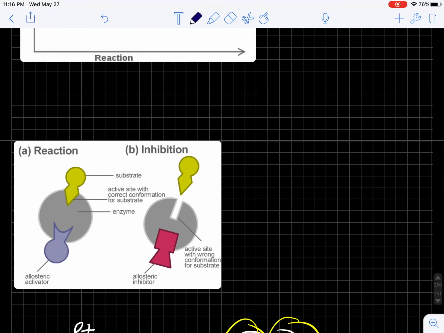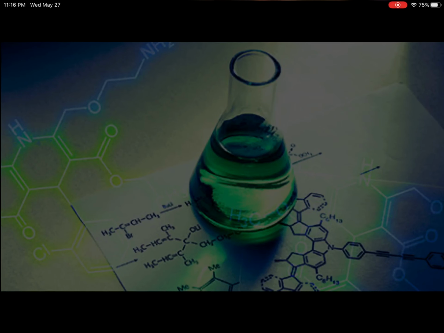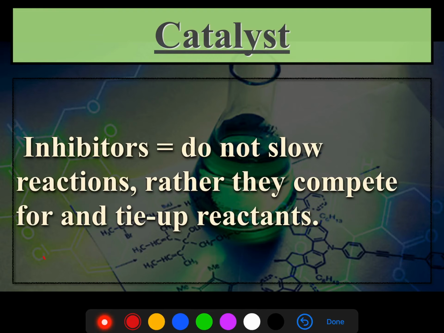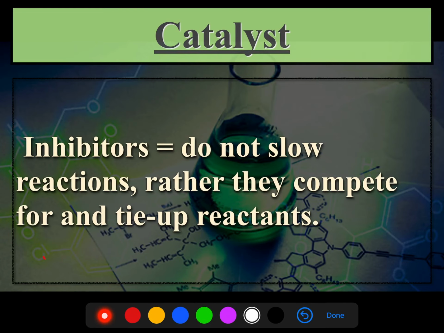Okay, so the second topic I want to talk about in this video is reaction inhibition or inhibitor chemicals. First of all, a definition for us to memorize for a test. Inhibitors do not slow down reactions, they stop them. Another name for this, like I said in the other video in organic chemistry, is a quench.